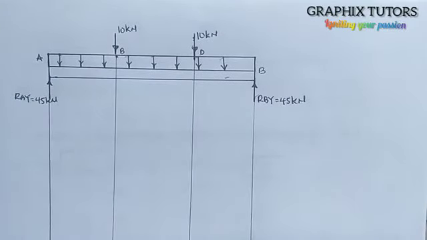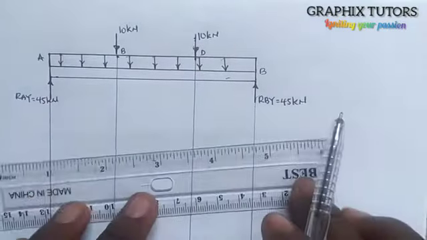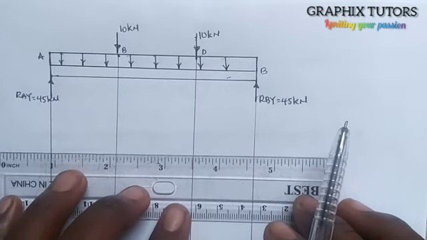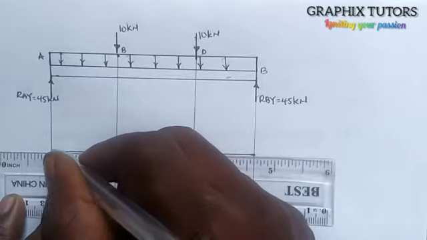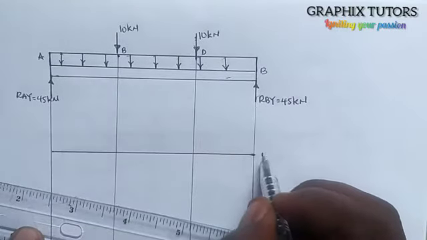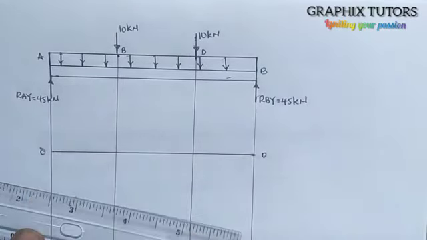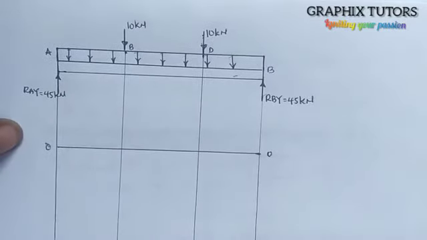Then I'm going to draw a thick line across the span here, and this line here is 0, and here is also 0, right? So we'll start.